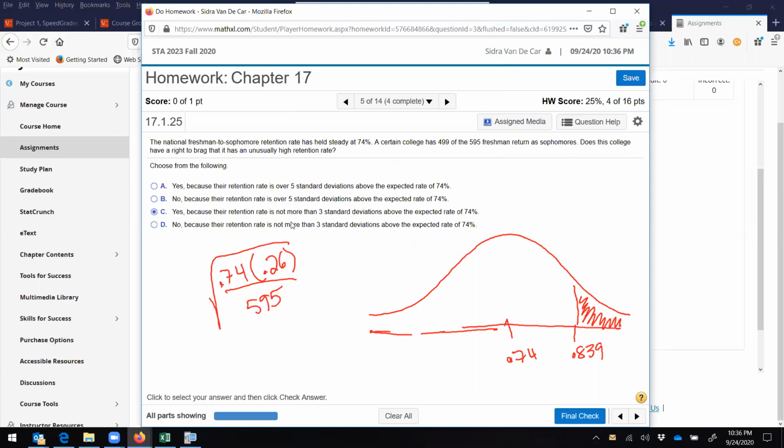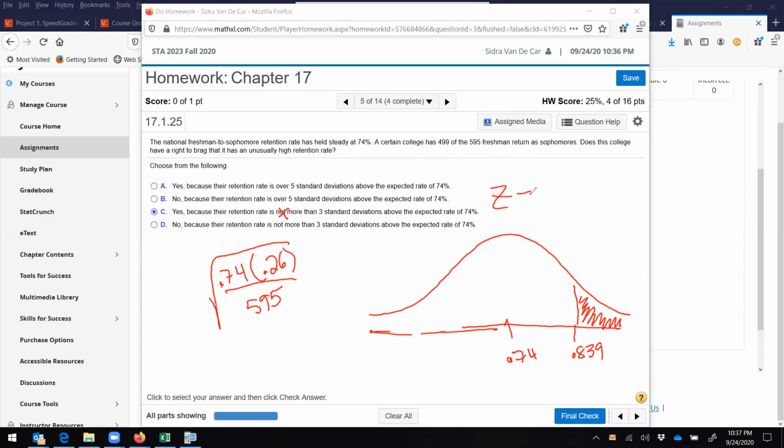Oh, I didn't read the sentence. It says is not more. All right, so it probably is over 5 standard deviations. So we can get that with the z-score. And by the way, I just didn't read the sentence. If this word not were there, then that would be a correct answer.